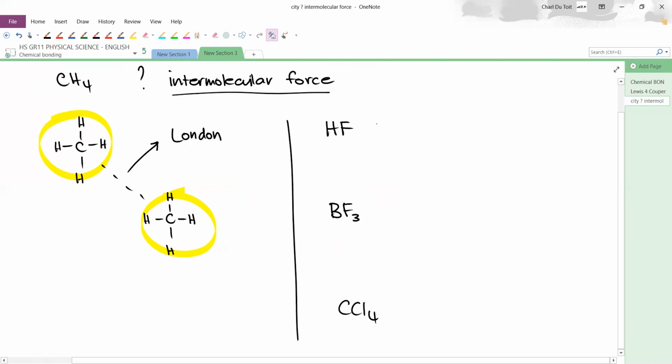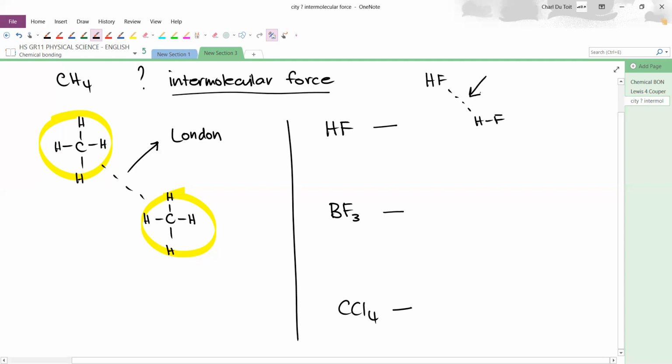I want to know which of these three. Okay, name the intermolecular force between the molecules in hydrogen fluoride. In other words, I'm asking, what is the force between two different hydrogen fluoride molecules?